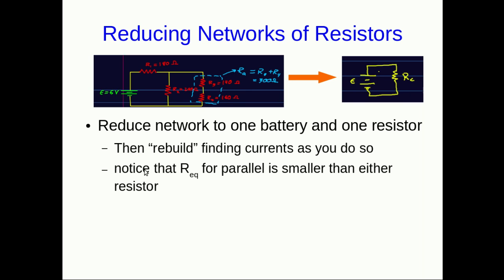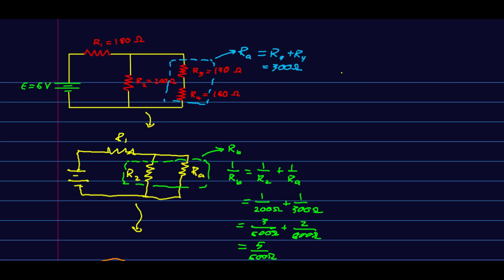And one thing that I'm going to point out that we saw is that the equivalent resistance when you have two resistors in parallel is smaller than the resistances of either of the resistors in that parallel resistance. If you were paying close attention, you will have noticed this.